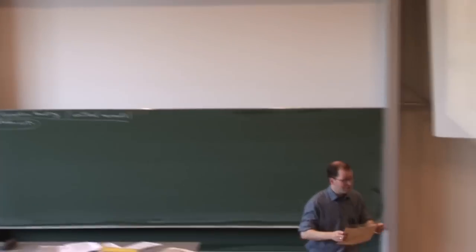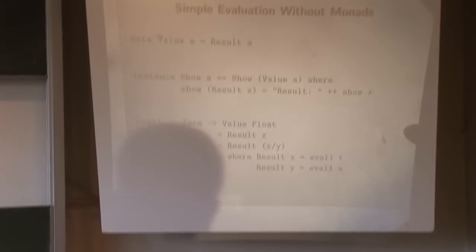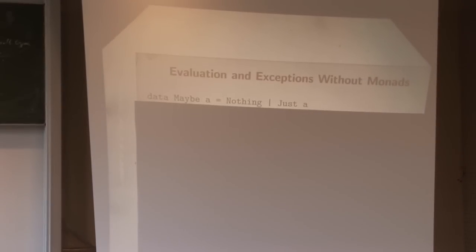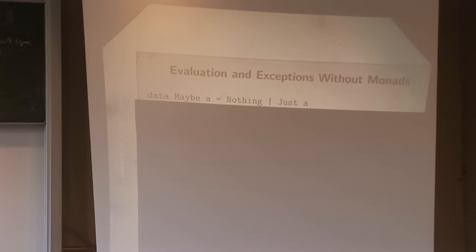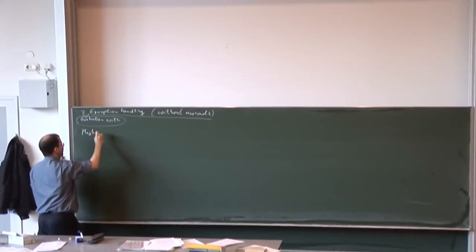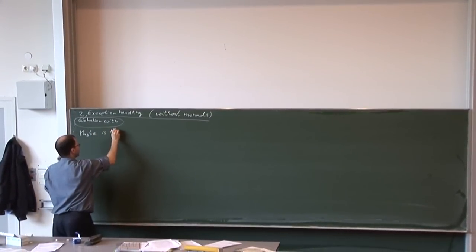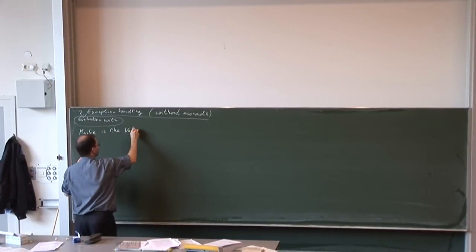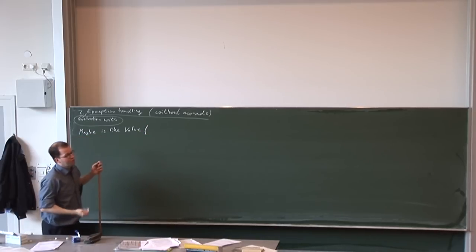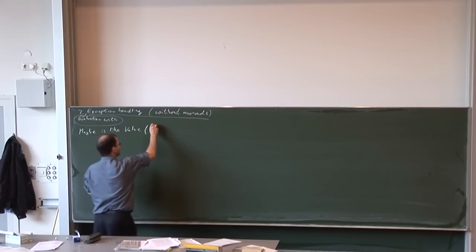And so he comes up with a new data type, which is called maybe. So maybe looks like the value data type, but instead of just one data constructor, now we have two. So maybe is like value. What was called result before is now called just.